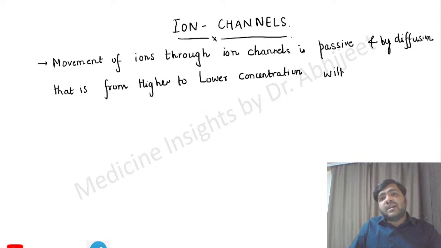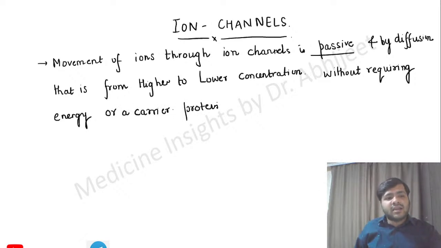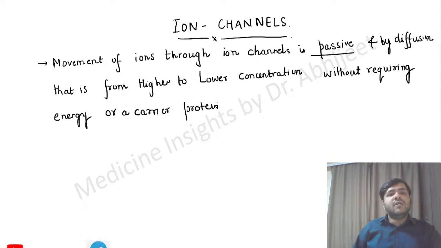without requiring energy, क्योंकि पैसिव है तो एनर्जी की रिक्वायरमेंट तो नहीं होगी, or a carrier protein. तो ना कैरियर प्रोटीन की जरूरत है, क्योंकि कैरियर प्रोटीन जहां पर यूज होगा वहां पे एनर्जी की जरूरत होगी। तो ना तो यहाँ पे हमें एनर्जी चाहिए, without requiring energy and any carrier protein, it is from a region of higher concentration to lower concentration, and that too by the channels.